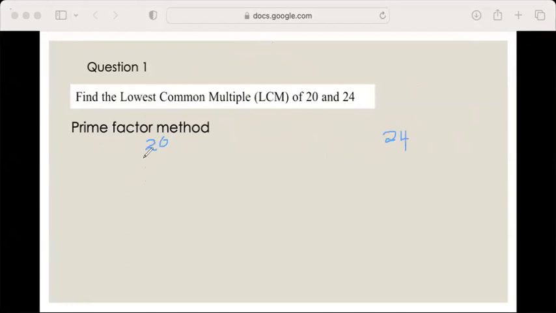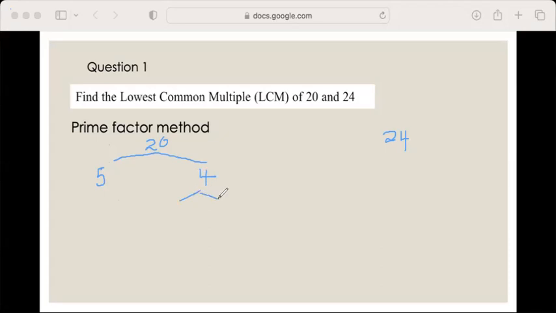Like I said, factors are numbers by multiplying which we arrive at this number. Factors of 20 can be 5 times 4. 5 is a prime number, so we cannot do anything with 5.